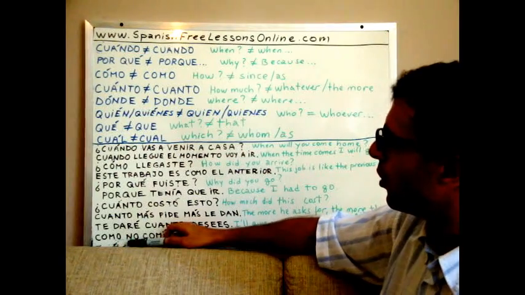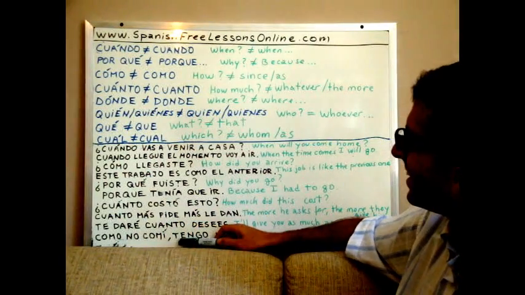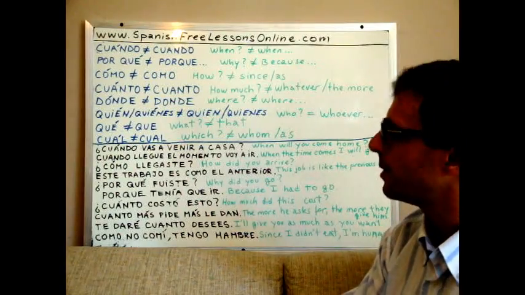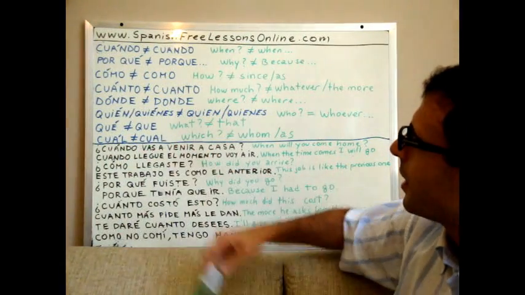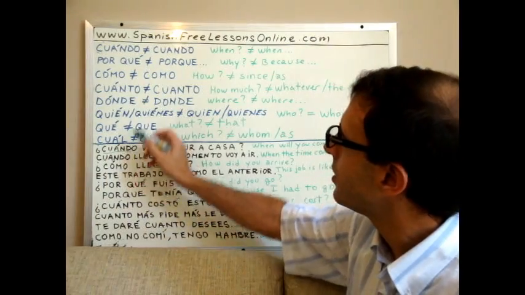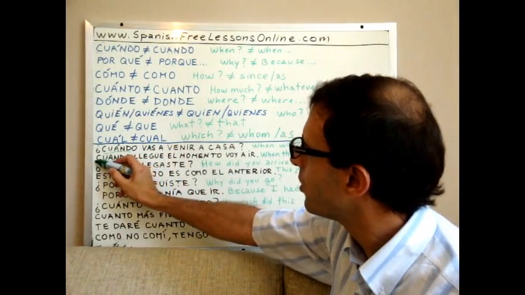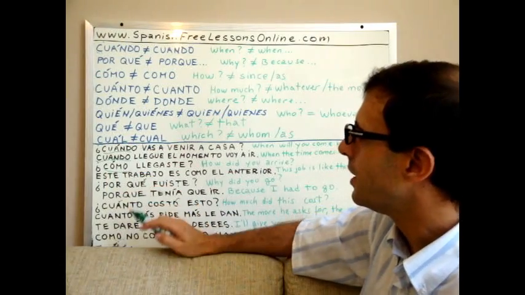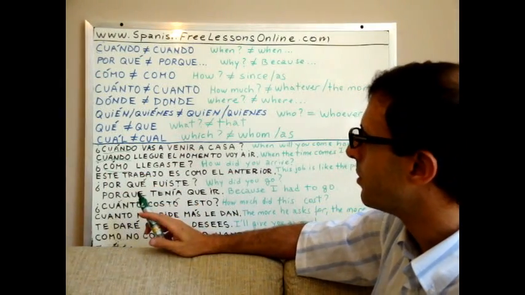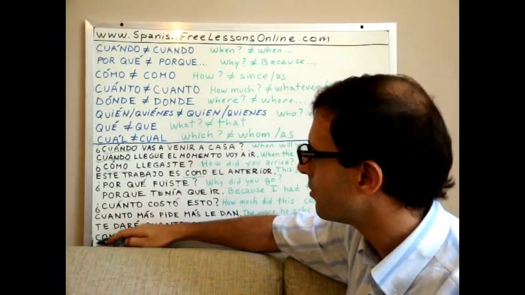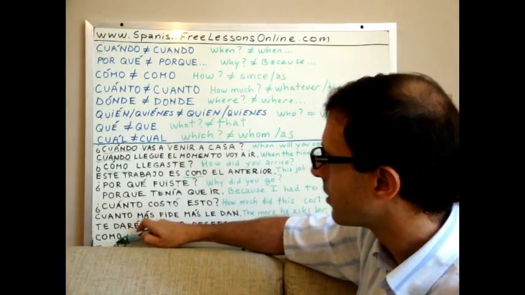Como no comí, tengo hambre. So, here, as you can see, we have cuándo with tilde and cuando without the tilde. We have cómo with a tilde for inquisition or interrogation, and como without the tilde with a different meaning, right?